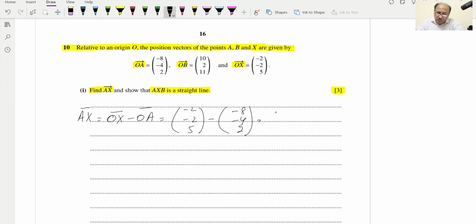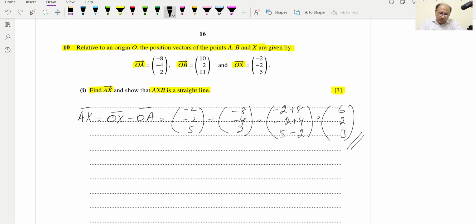So this will be equal to minus 2 plus 8, and minus 2 plus 4, and 5 minus 2. This will be simplified to 6, 2 and 3. So 6, 2 and 3 is AX, which we were supposed to find.